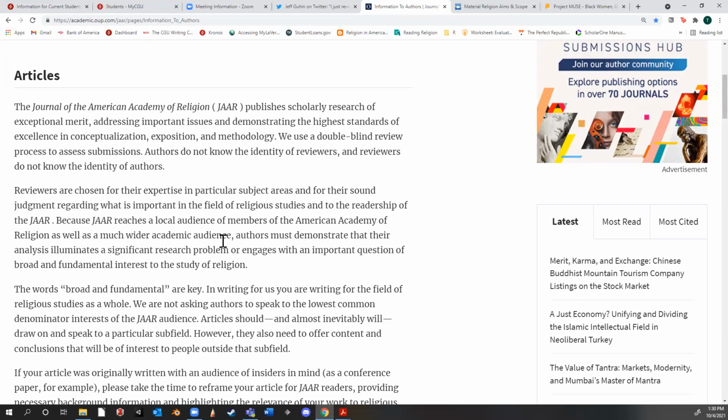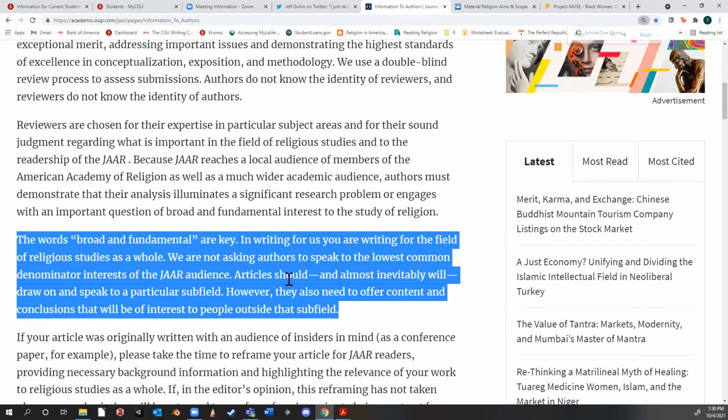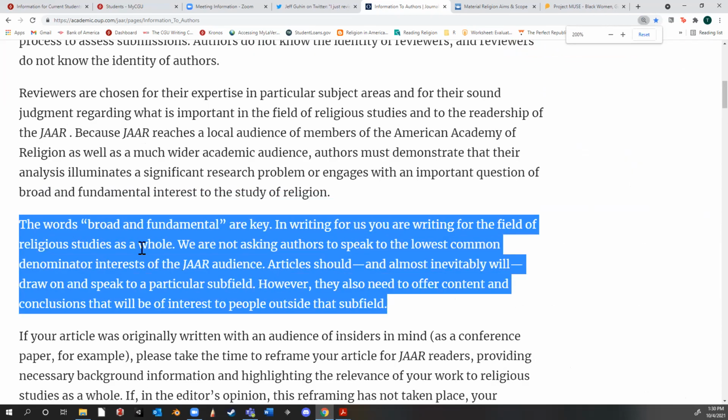So when we look at JAAR, you see that they emphasize that the words broad and fundamental are key. And writing for us, you're writing for the field of religious studies as a whole. Don't speak to the lowest common denominator interest of the JAAR audience. You draw on a specific subfield, but you also need to offer content and conclusions that will be of interest to people within the discipline as a whole.